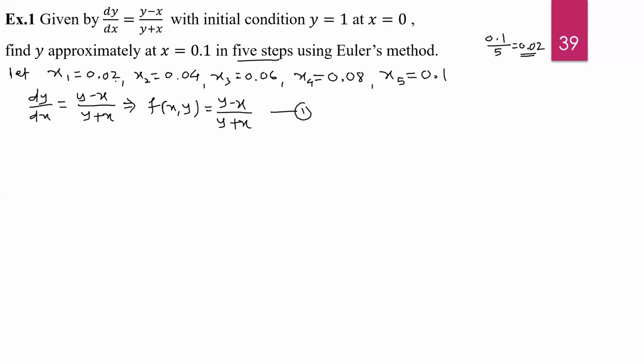Now here with the initial condition, y of x naught is equal to y naught. So here y in bracket 0 is equal to 1. It means x naught is equal to 0 and y naught is equal to 1.